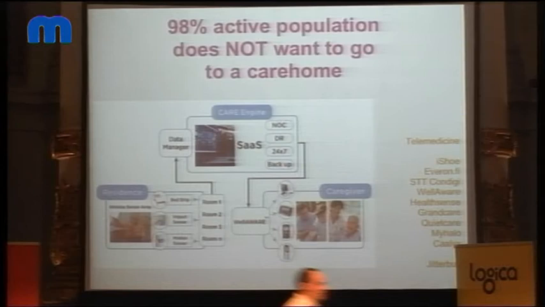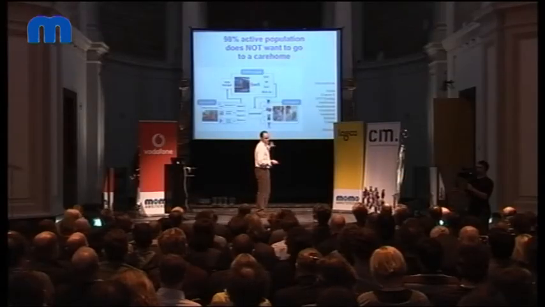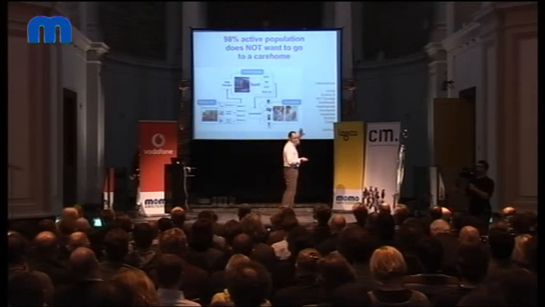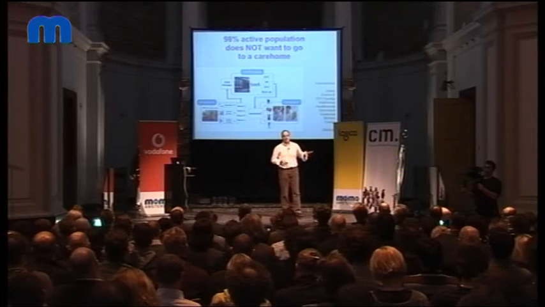Second group, the increasing aging population. 98% of the aging population does not want to go to a care home. So we have to monitor them at home. Again, the same system comes back. We have all kinds of sensors and monitors. We have some kind of hub and an interpretation.